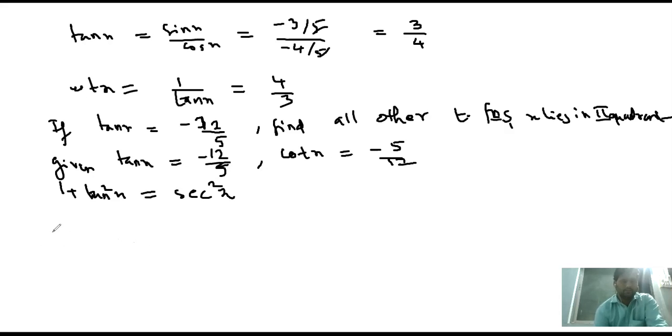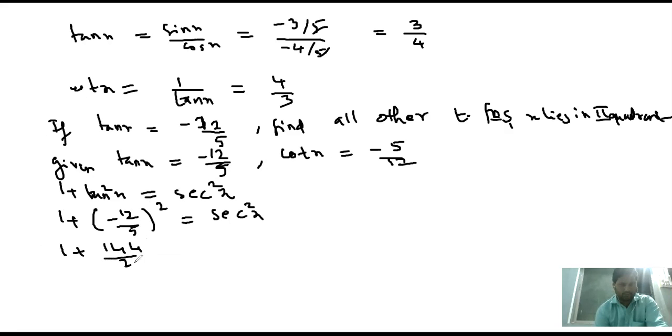So it is 1 plus tan x, which is minus 12 by 5, in brackets squared, is equal to sec square x. Which is equal to 1 plus 144 by 25 is equal to sec square x.